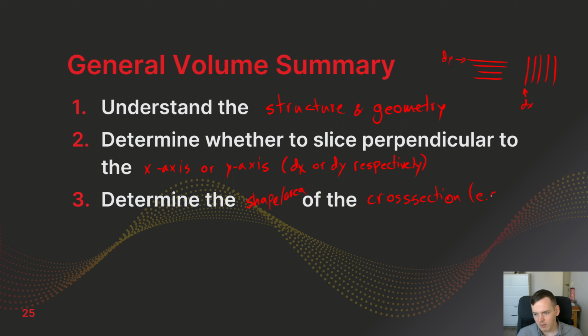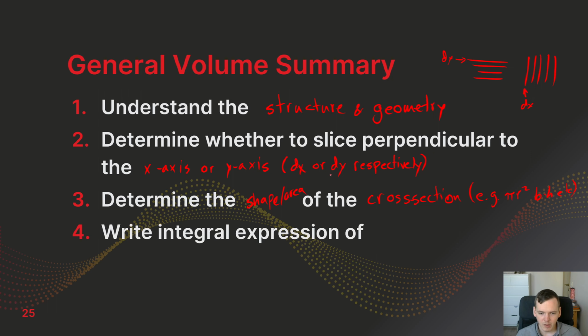So for example, pi r squared, base times height, etc. Whatever the equation is, figure out what that is going to be. Write the integral expression of the area times the thickness. And that thickness, again, will give you your dx or dy.